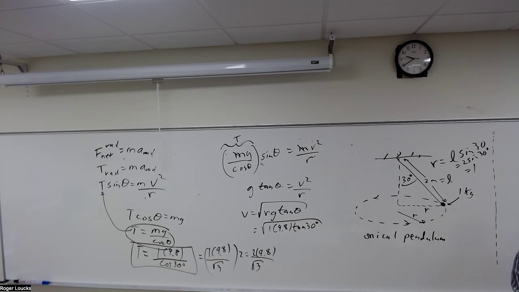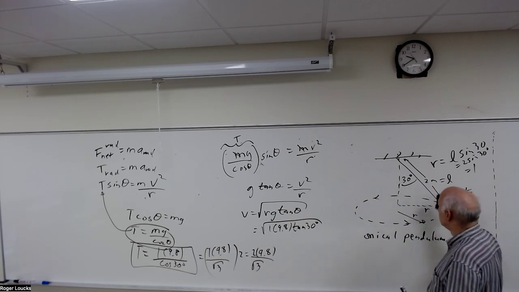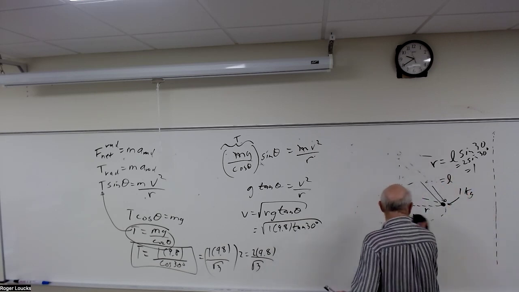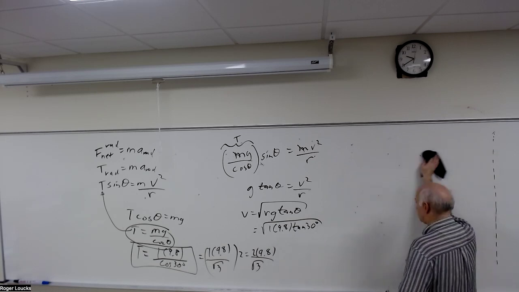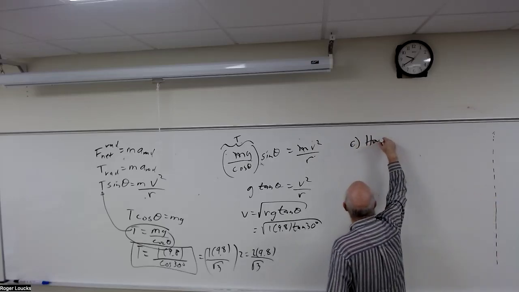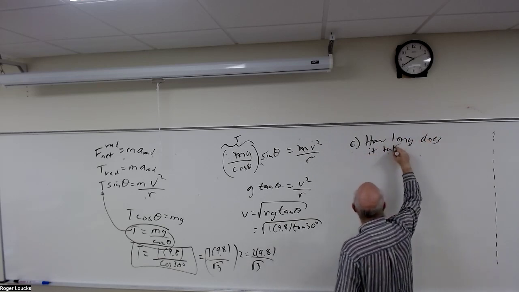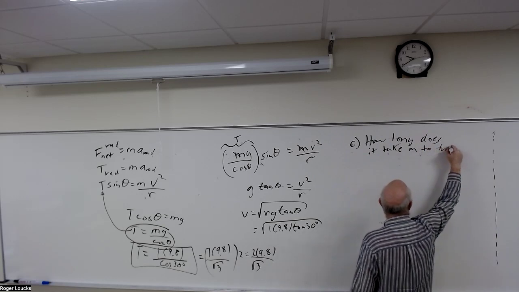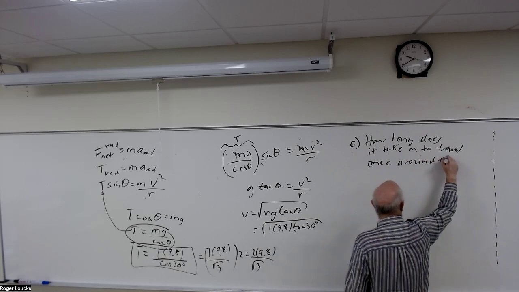I think there's a part B to this, frequently called part C. Part C was: how long does it take for this thing to go around once? Any questions on this part? So how long does it take m to travel once around the circle?